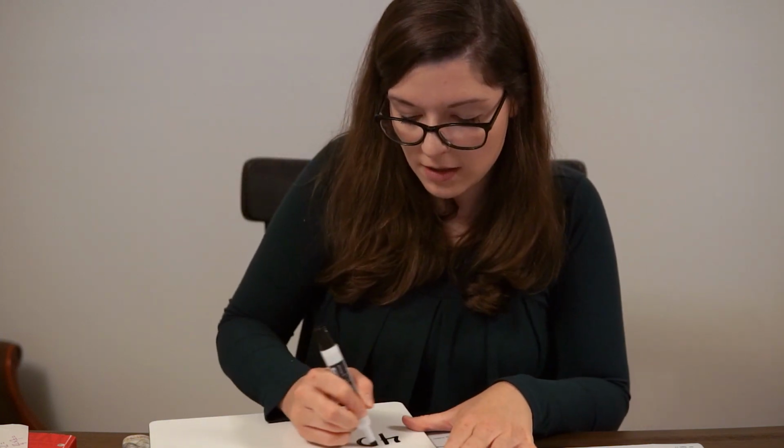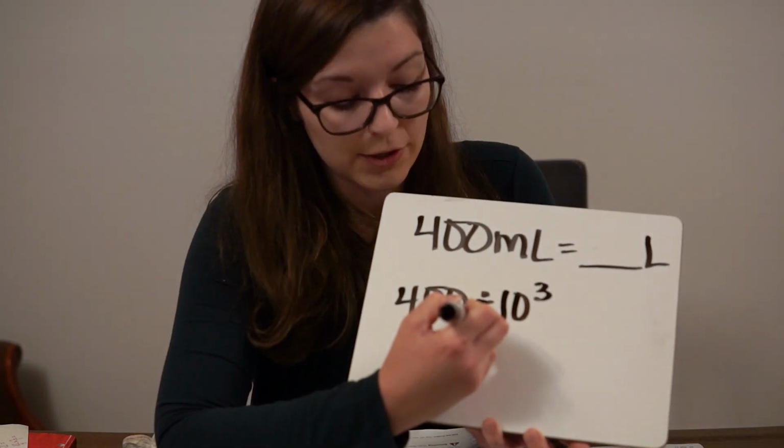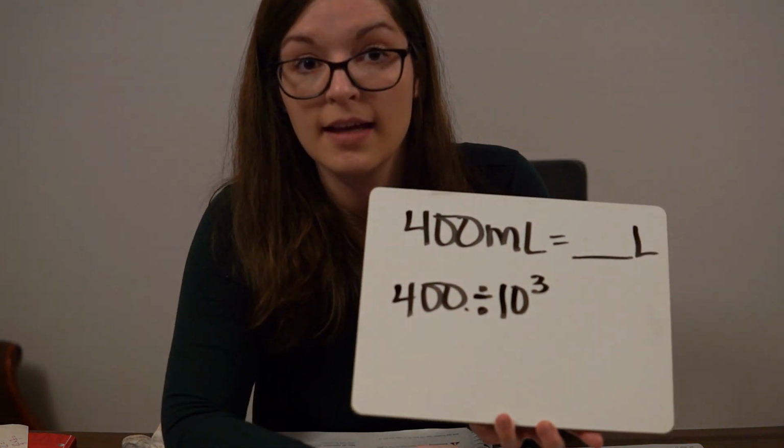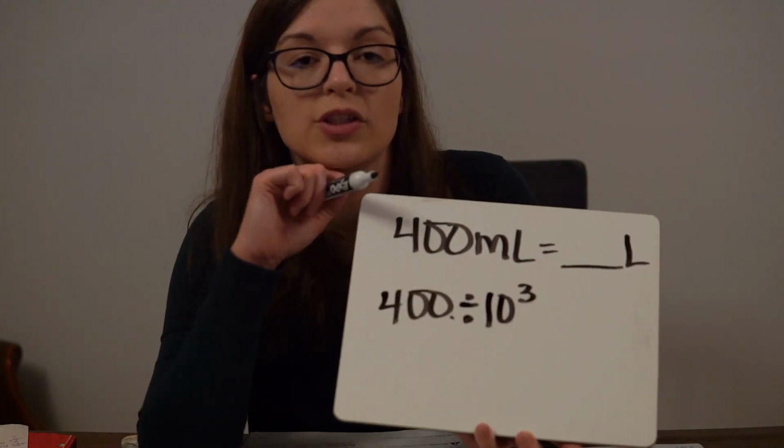400 milliliters equals blank liters. Okay, we're going from little to big, milliliters to liters. 400, what operation? Division. 400 divided by 1,000, or 10 to the third. I know there's basically a decimal here, right? How many times am I going to move it in which direction?